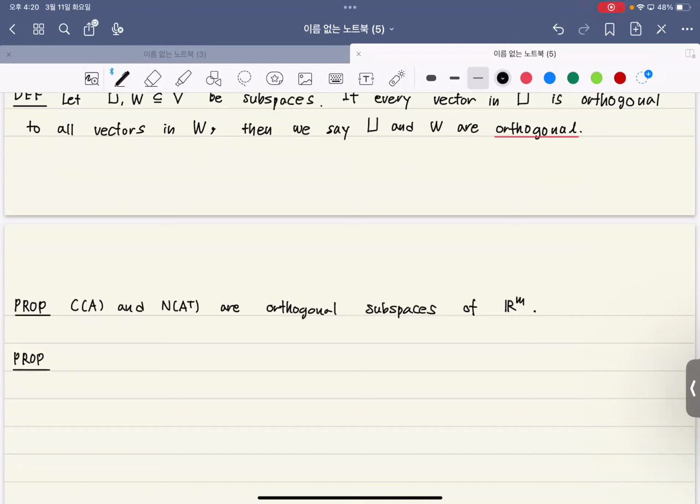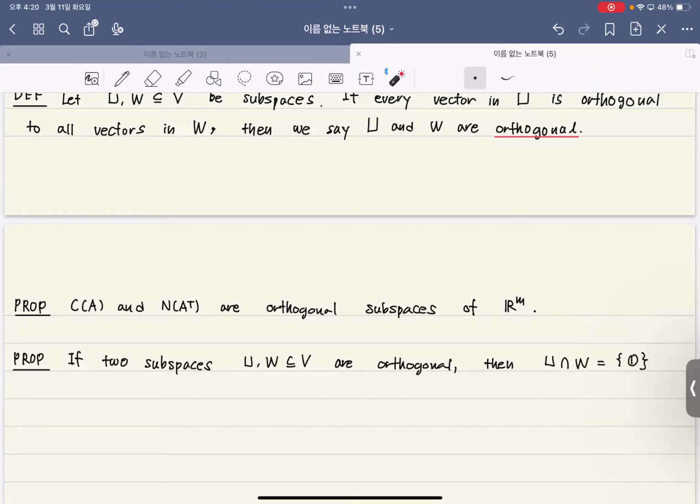Also, this is a very easy observation. If two subspaces U and W of a vector space V are orthogonal, then the intersection of U and W contains only one single vector, the zero vector. I will try to justify the statement.